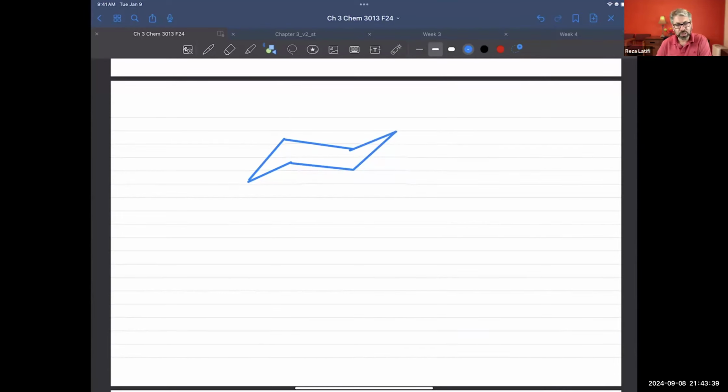So let's put the tert-butyl in equatorial position. I'm going to put it here, and remember, this one is pointing down, and it's the equatorial position. Next, where's the hydrogen?